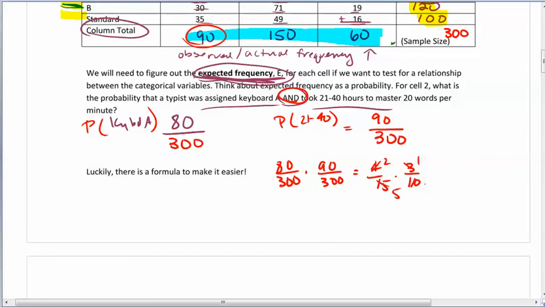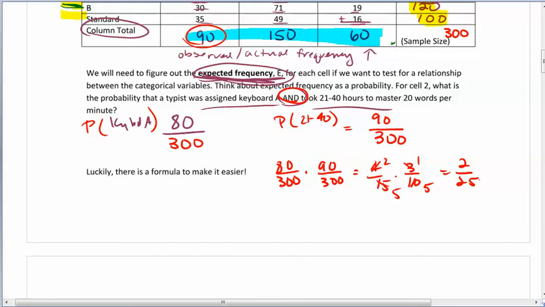Let's see, 2 and 5, and we get 2/25. Okay, there's a 2/25 probability with a sample of 300 that a typist was assigned to keyboard A and took 21 to 40 hours to master typing, that is.